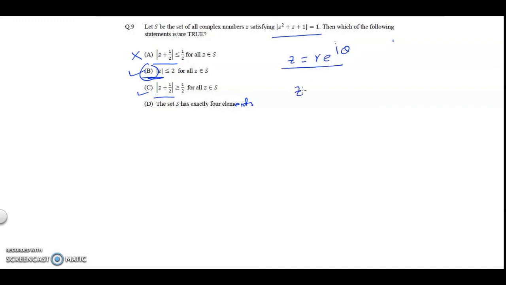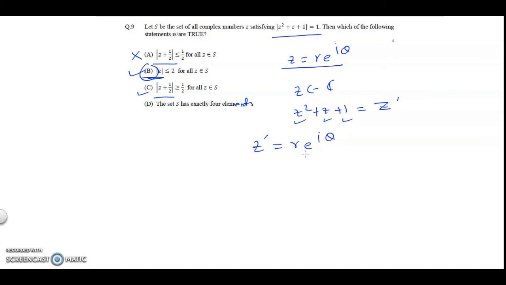So z square plus z plus 1, where z is any complex number, can also be represented as some other complex number, since this one is complex, this one is complex, and 1 is also a complex number. So the sum of complex numbers will again be a complex number. Let's suppose we name it z dash. So now z dash can be written as r e to the power i theta.